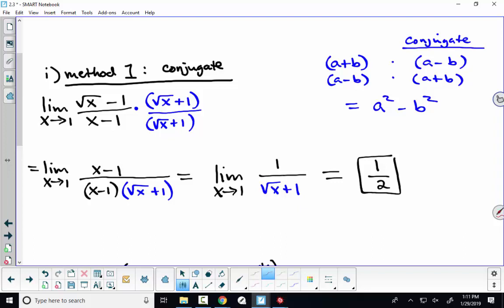We'll look at the graph in a minute. So let's just write that out. There's a hole on this function at 1/2. x is approaching 1, y is approaching 1/2.